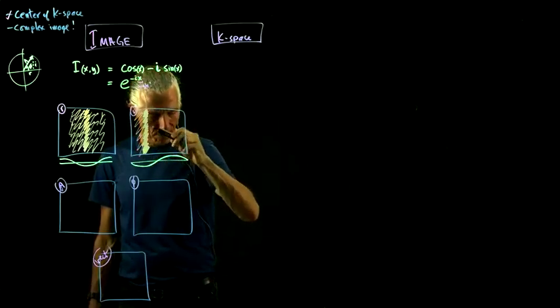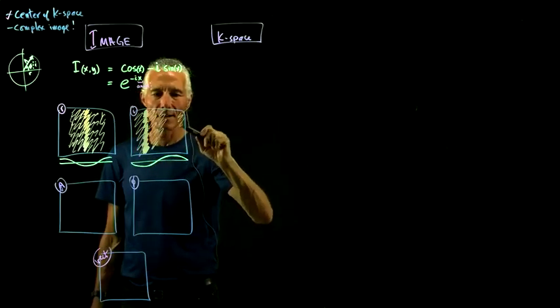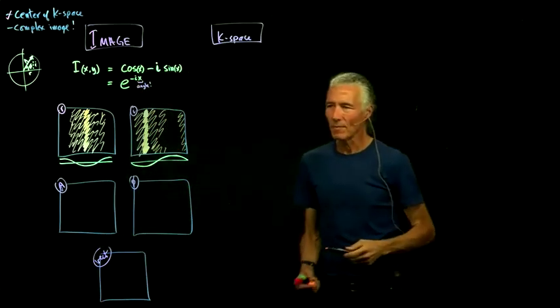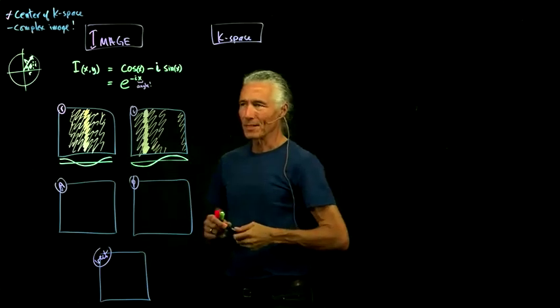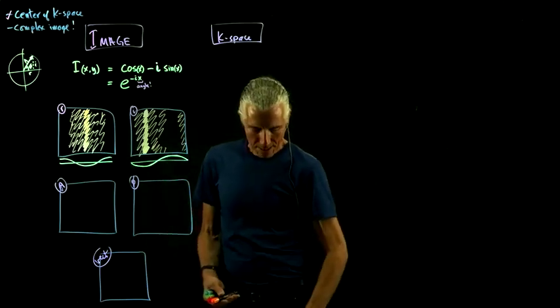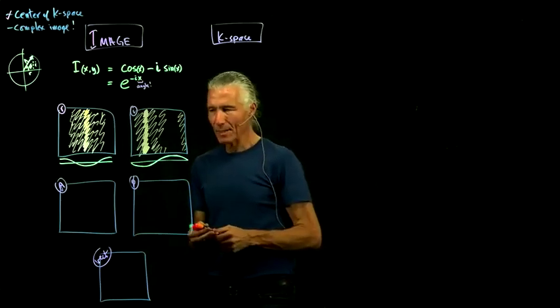And it gets lighter here, and it's lightest there. It starts to get a little darker there. Okay, so that's our complex image. So now we've got an imaginary part to the image. And so what does the amplitude look like?